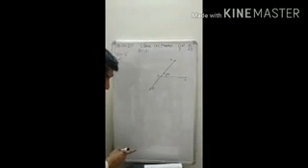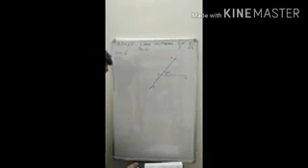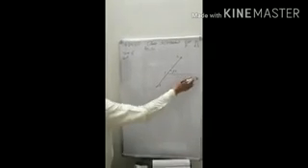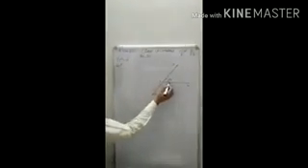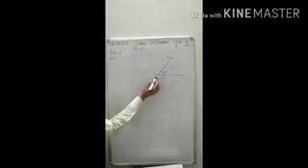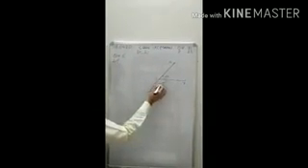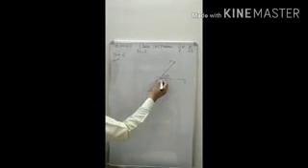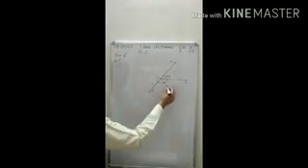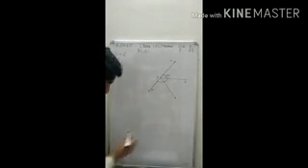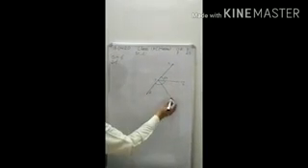Later on it is given that ray YQ bisects angle ZYP. Angle ZYP is this angle. And here we have one ray, YQ.